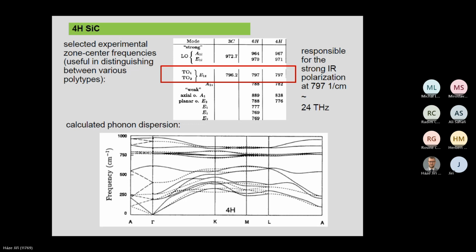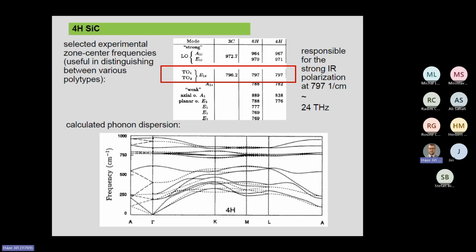So the basic picture of the vibrations: we have here the high symmetry directions in the Brillouin zone, and the long wavelength vibrations here in its center. It's called gamma, and these are frequencies of these normal modes, of the very basic highly symmetric vibrations, which we can see using optical spectroscopies.